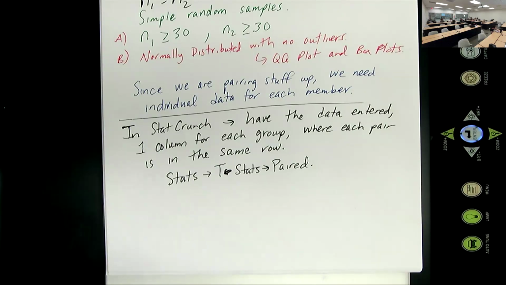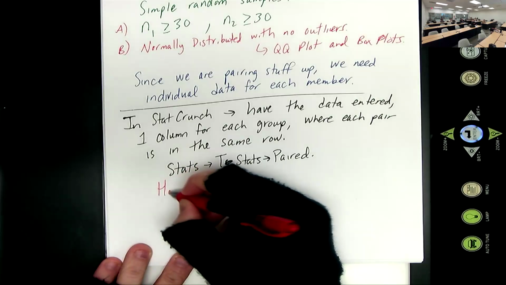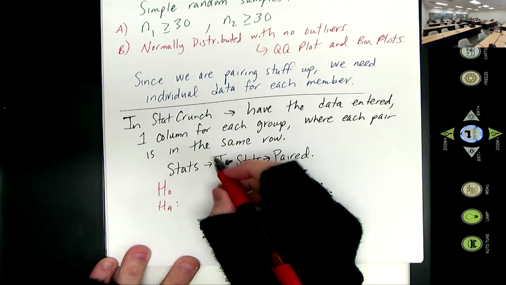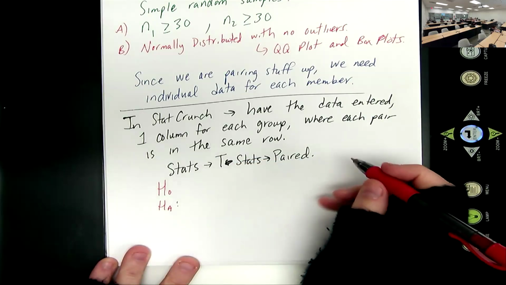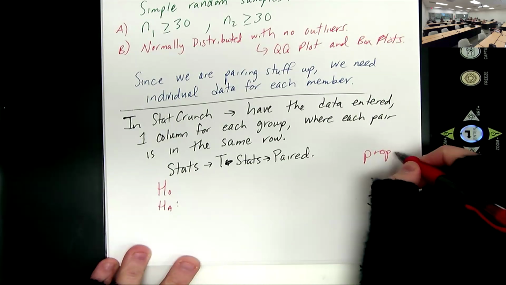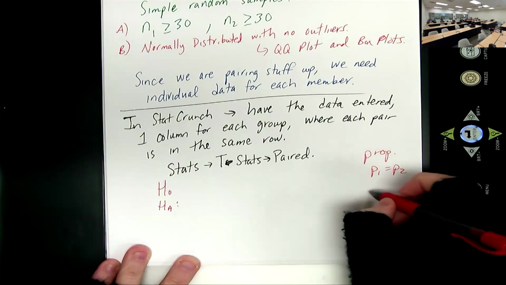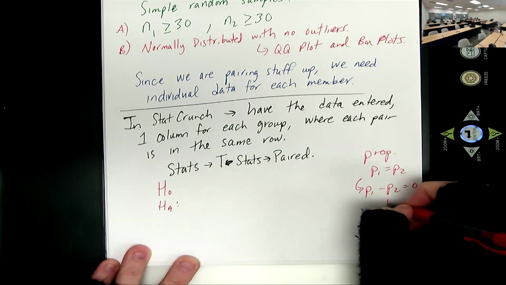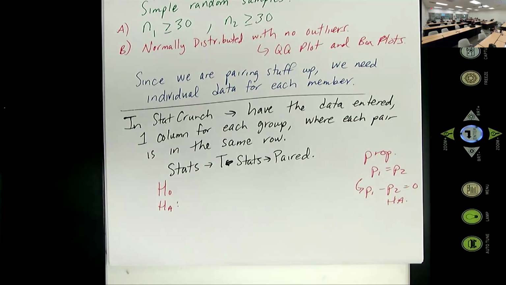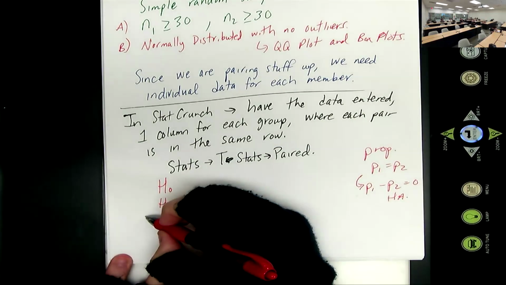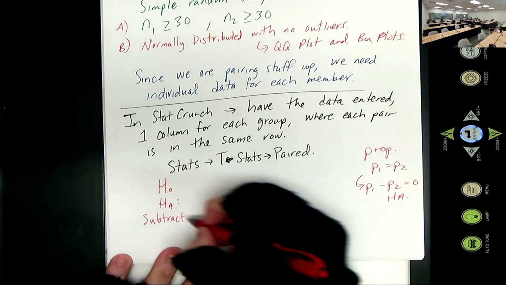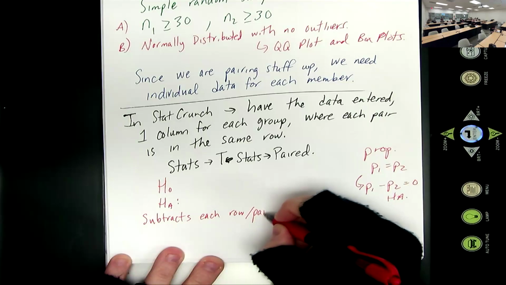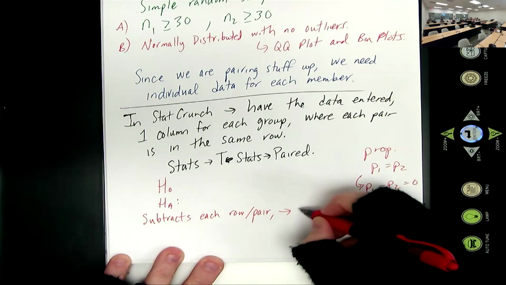H naught is a little different here. H naught and HA. When we did it with proportions, we had P1 equal P2, and then in StatCrunch, we did P1 minus P2 equals 0 for H naught. This one's a little different. What it does in this one is it subtracts each row, each pair, which gives us the difference in the pair.